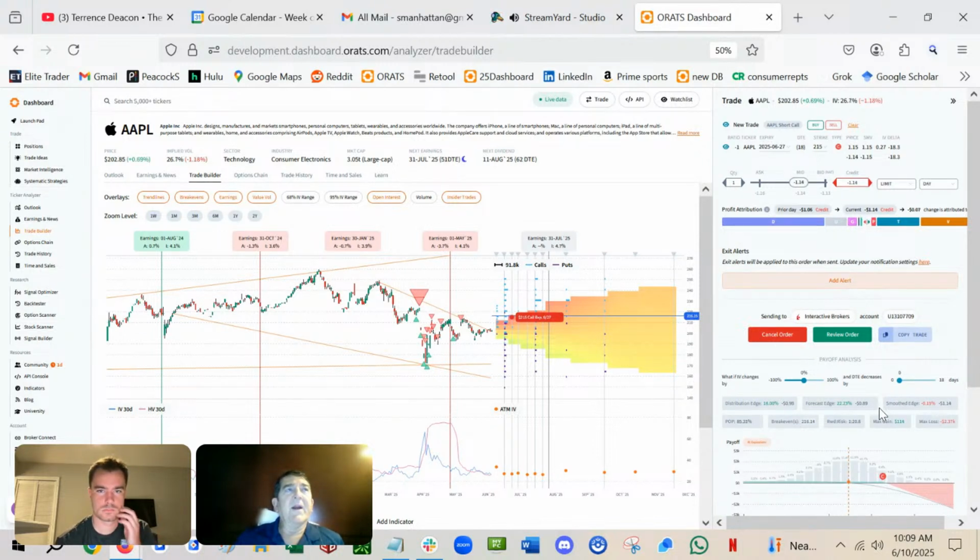We're trying to forecast volatility independent of what is out there in the market pricing. The market pricing again is that smooth edge. So that's how we come to this forecast edge, and that's one of the things that you should think about while you're trading, Tyler.